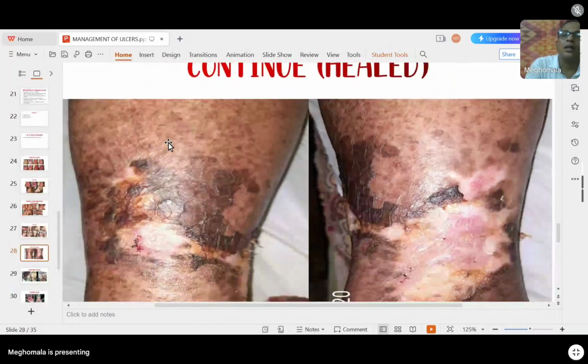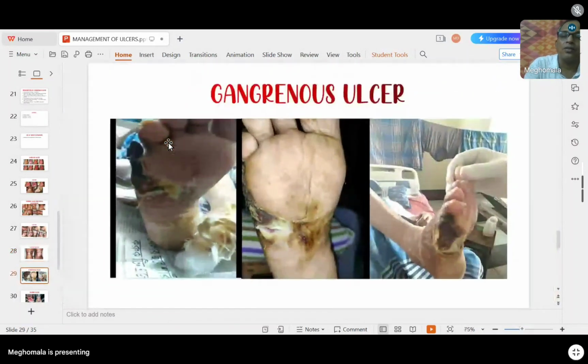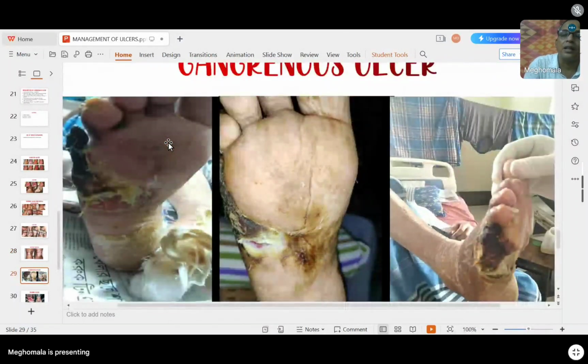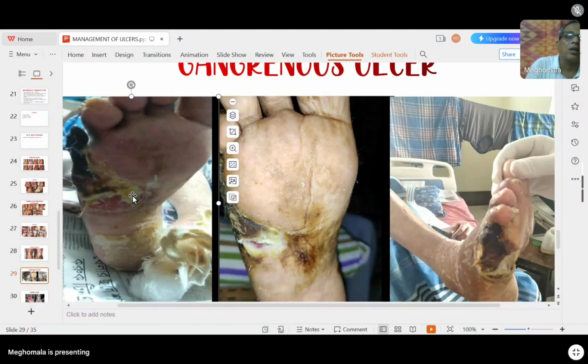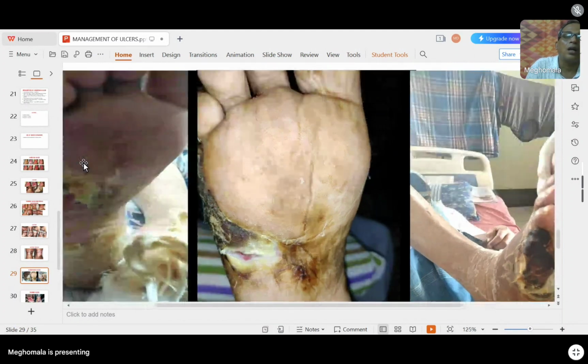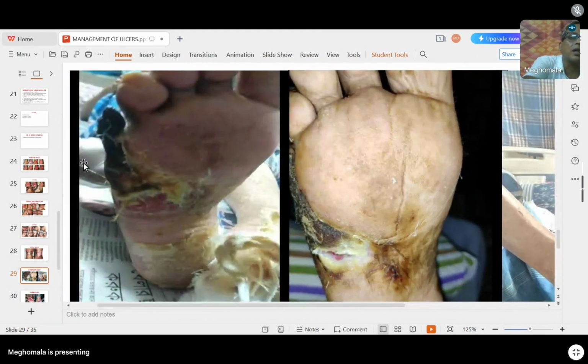Ultimately healed. Okay. The next one is a case of diabetic gangrene. You see that the fifth toe has already been completely gangrenous, and this is the lacerated wound.